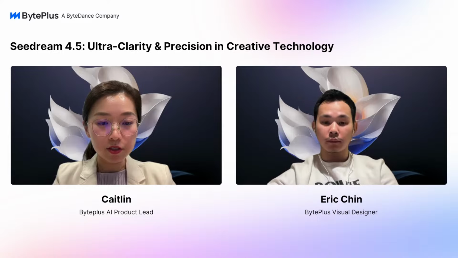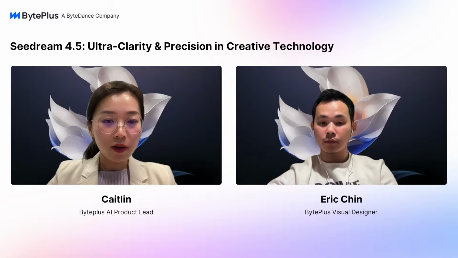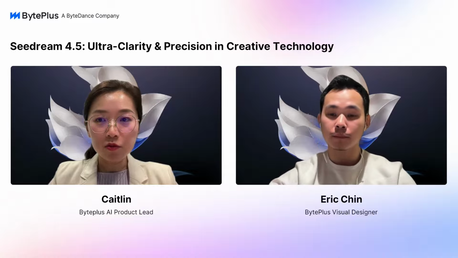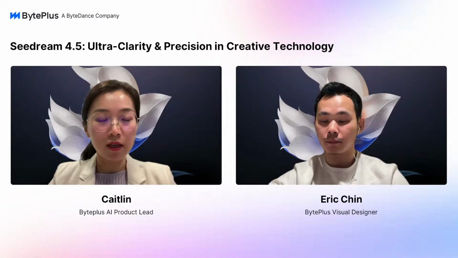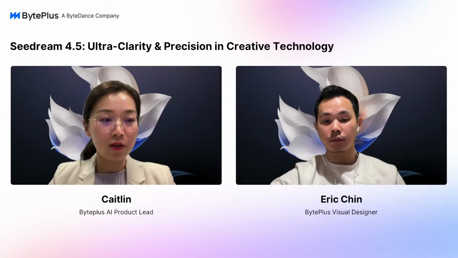And the second question is, any specific access for some of us in creative communities? Okay, so for first-time users, when you create an account on BytePlus, you can enjoy 200 free credits in the playground, and you can try it out.